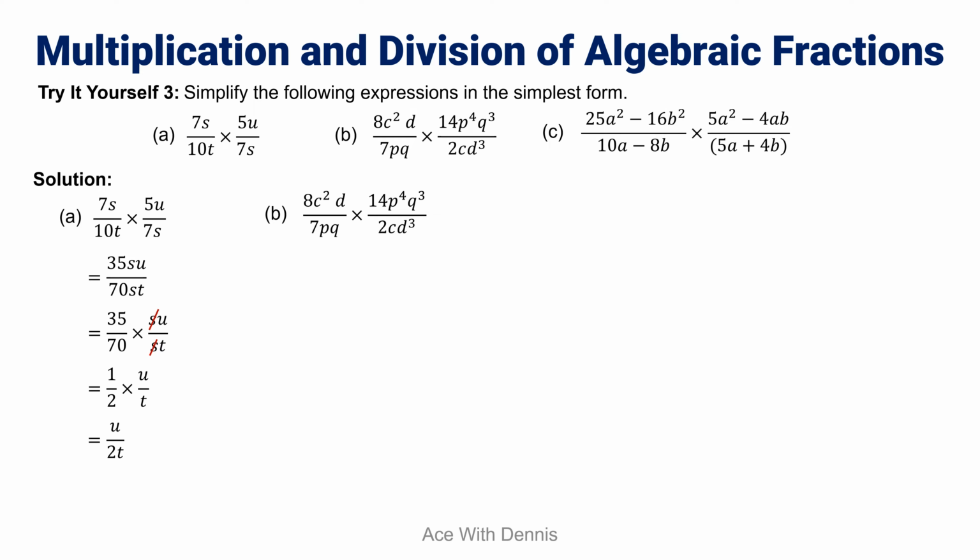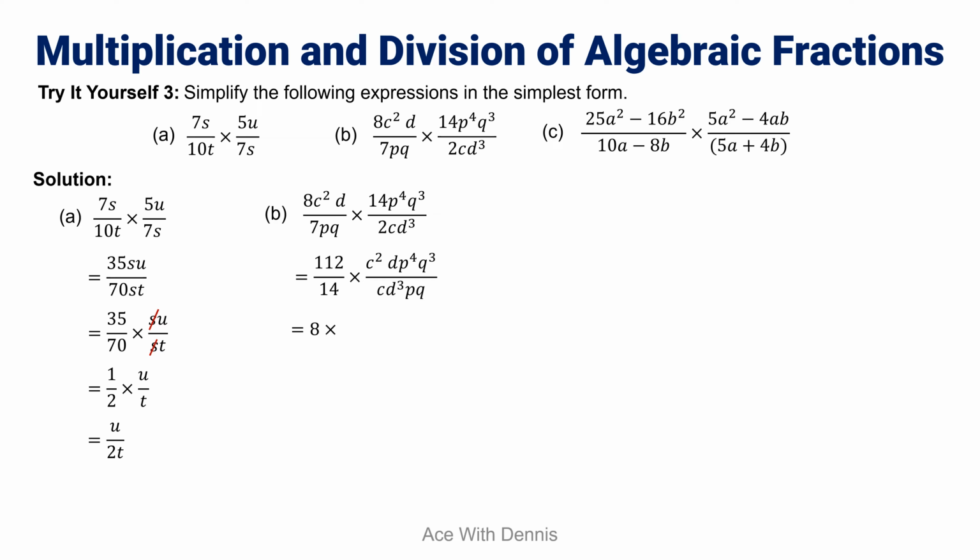For B, 8c squared d over 7p cubed times 14p to the power 4 q cubed over 2cd cubed. So we will put the numbers together. 8 times 14 will get 112. 7 times 2 will get 14. Then the unknowns put together, we have c squared dp to the power 4 q cubed over cd cubed p cubed.